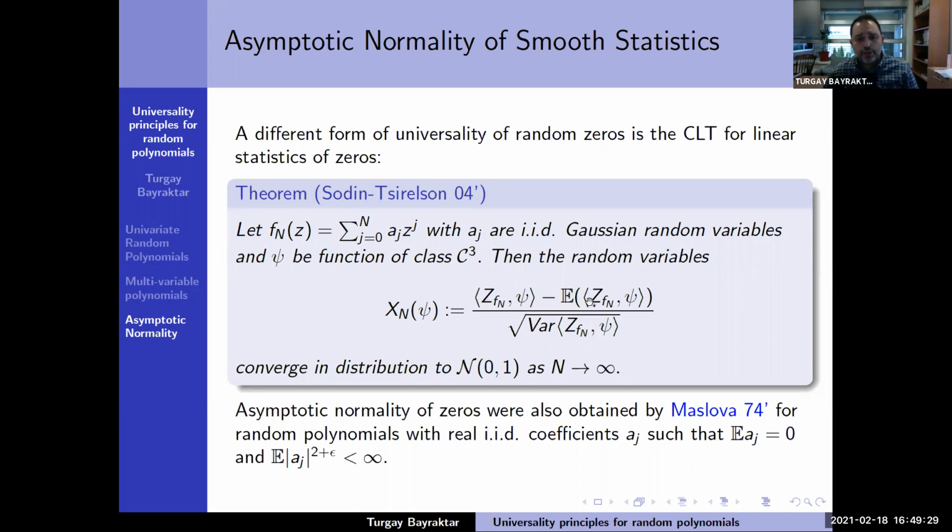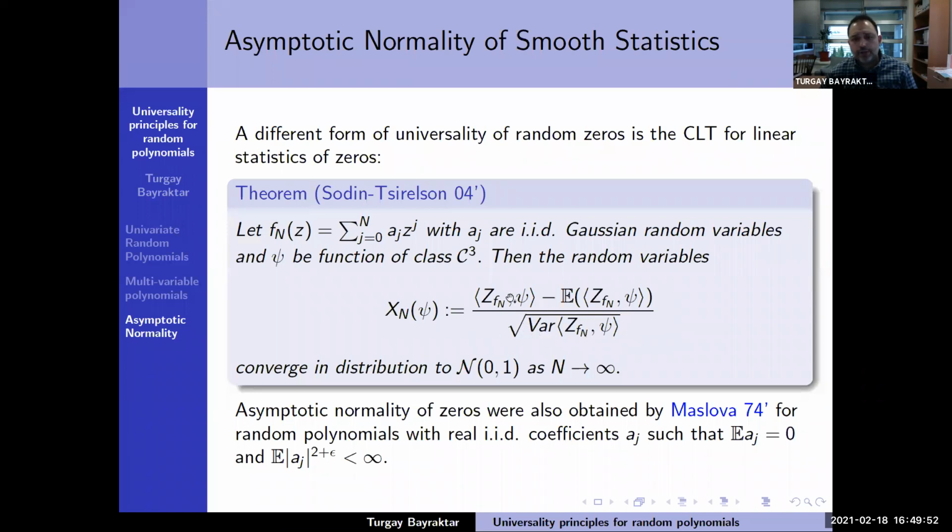normalized fluctuations. Here you have a test function psi. You're assuming some smoothness; here it's assumed to be C^3. Then you act on, so this is just the sum of the values of psi on the zeros of F_n. Then you subtract the expectation and you divide by the square root of the variance.